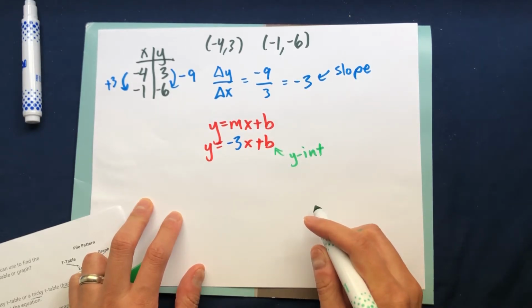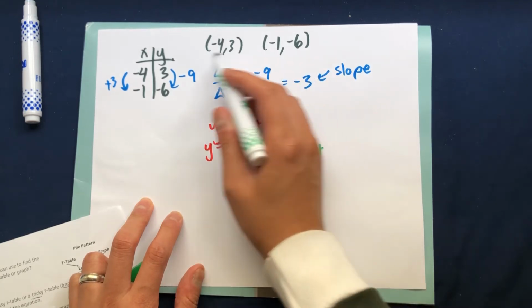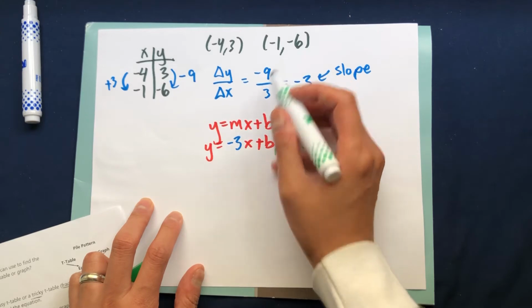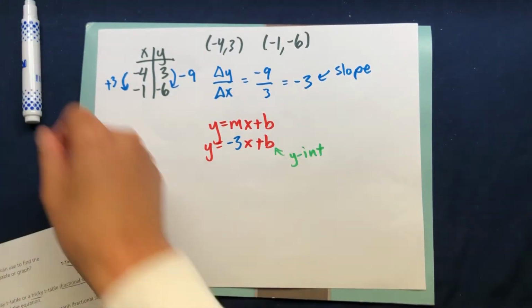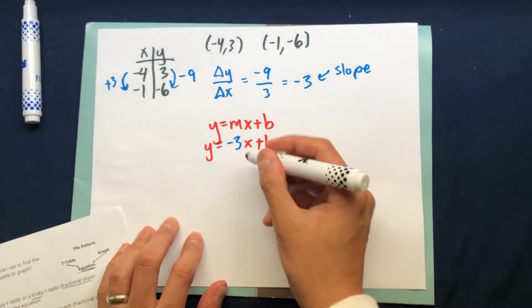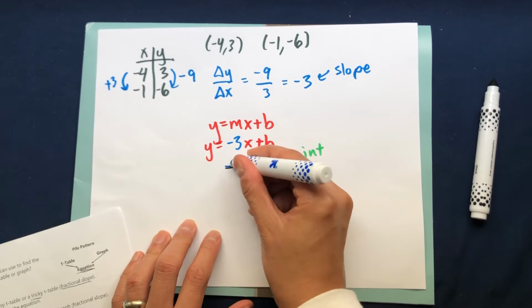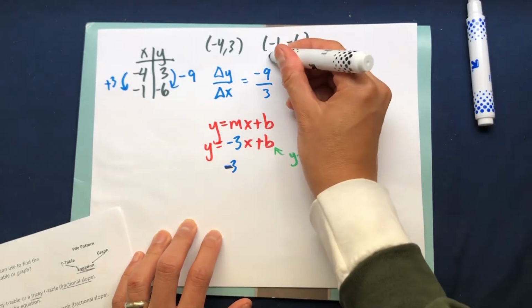So to figure out the y-intercept, we can plug in any x and y values from earlier. Let's say we choose -1 and -6. So we're going to plug in -1 and -6 into our equation. -3 is our slope. And then x is -1.